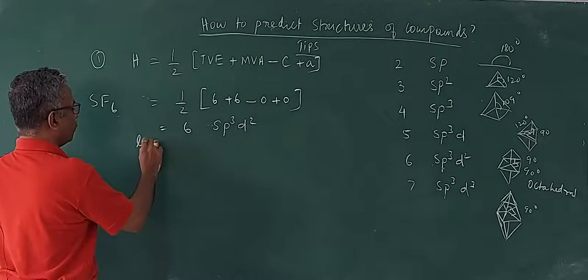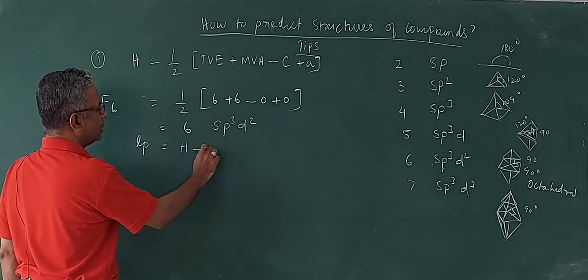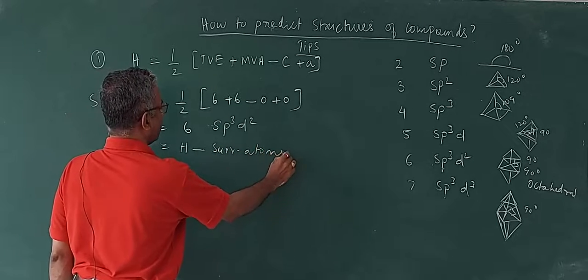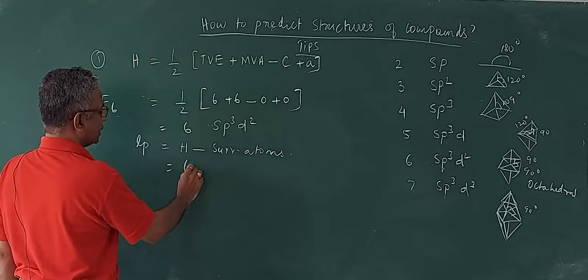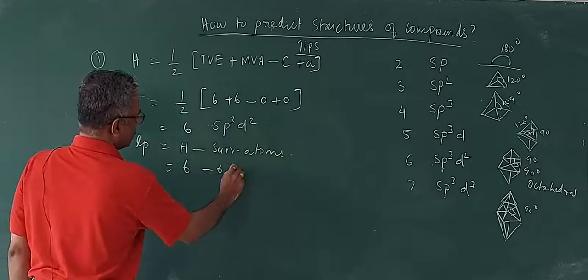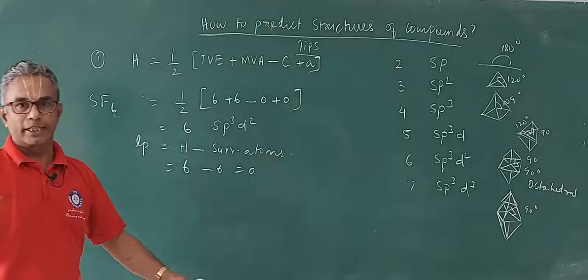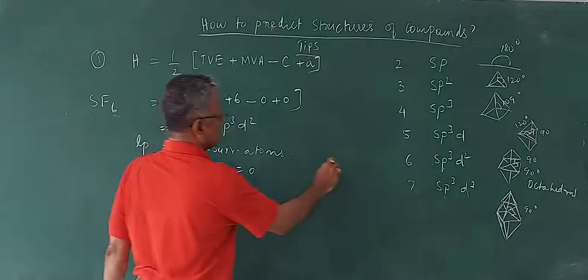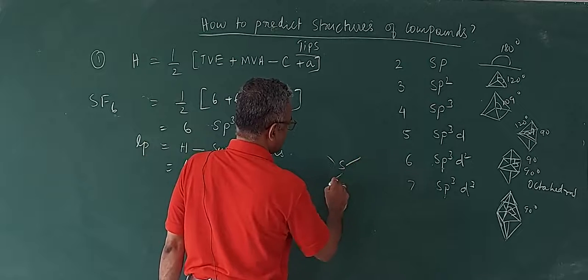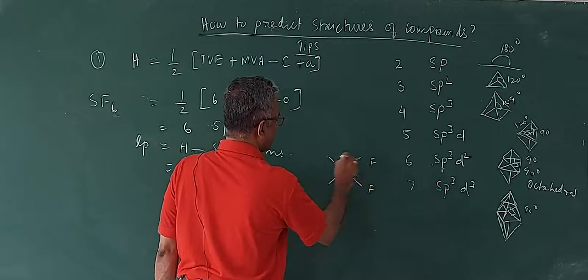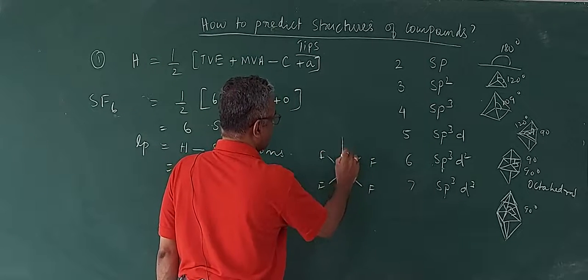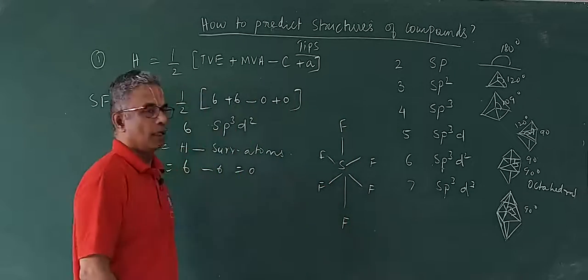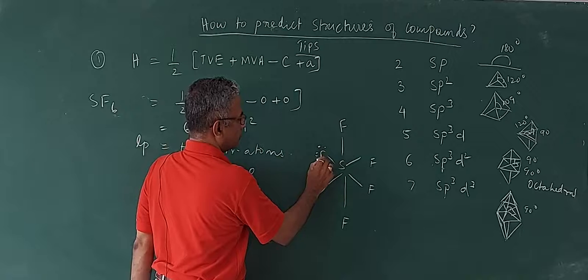Now the number of lone pairs will be hybridization minus surrounding atoms. So hybridization is 6, surrounding atoms is also 6, it will be equal to 0. Therefore there is no lone pair present on the central atom in this compound. So the shape will be sulfur like this, F, and you will have F like this, and each fluorine will have 3 lone pairs.